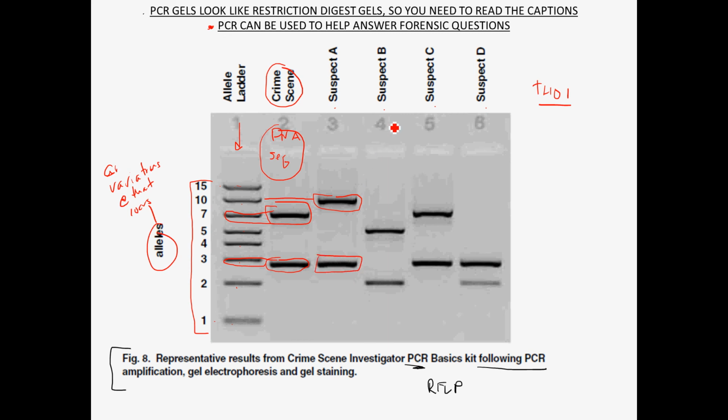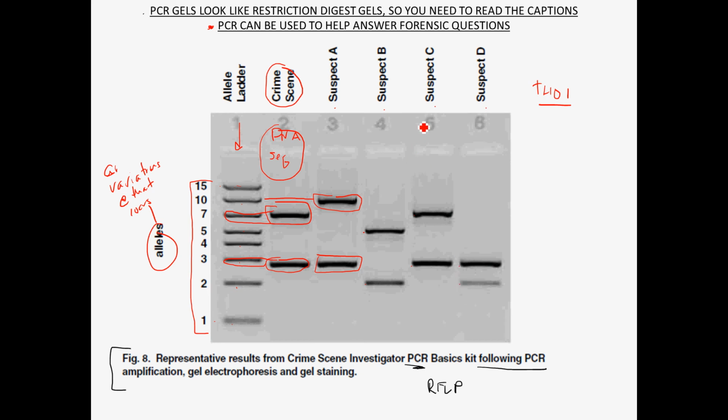Suspect B here had allele 5 and allele 2. Suspect C has allele 7 and allele 3. And suspect D has allele 3 and allele 2.